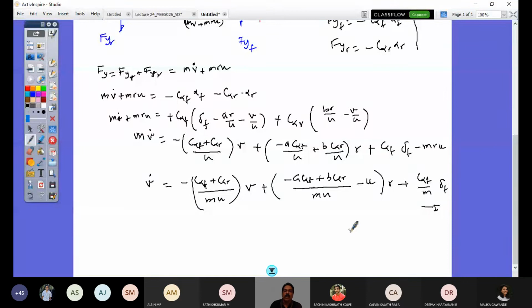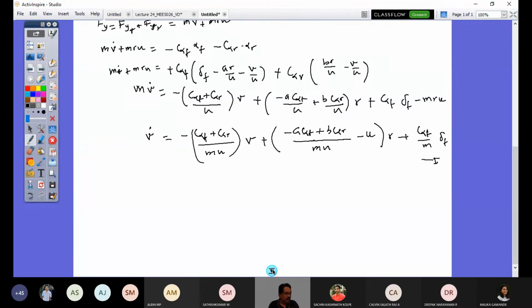So similarly, to get the other equation for the second degree of freedom, which is yaw motion, I'm going to take moments now, right? So let me use that second equation. This is what is I z R dot, which is equal to, I'm taking moment at the CG location. So what is the moment? Positive direction moment, clockwise is positive.